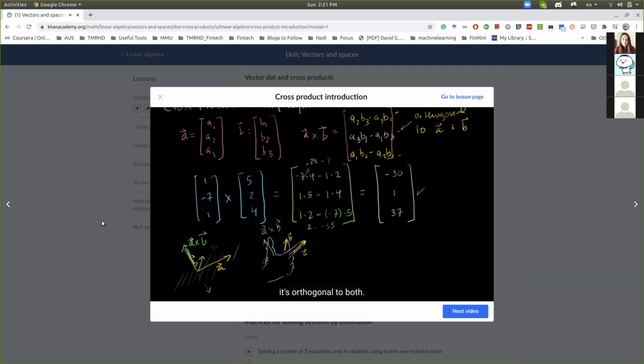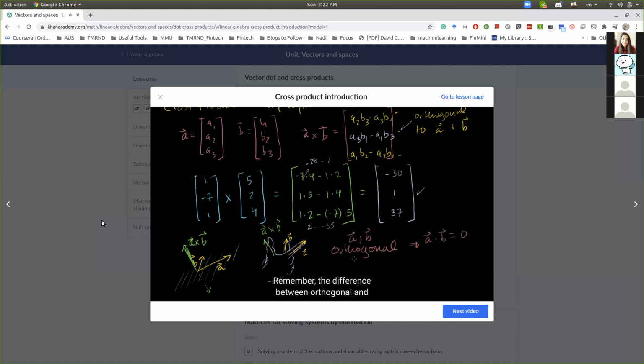And just to satisfy you a little bit that this thing is definitely orthogonal to both of these, let's play with it and see that that is the case. What is, in our context, the definition of orthogonal? If A and B are orthogonal, that means that A dot B is equal to 0.